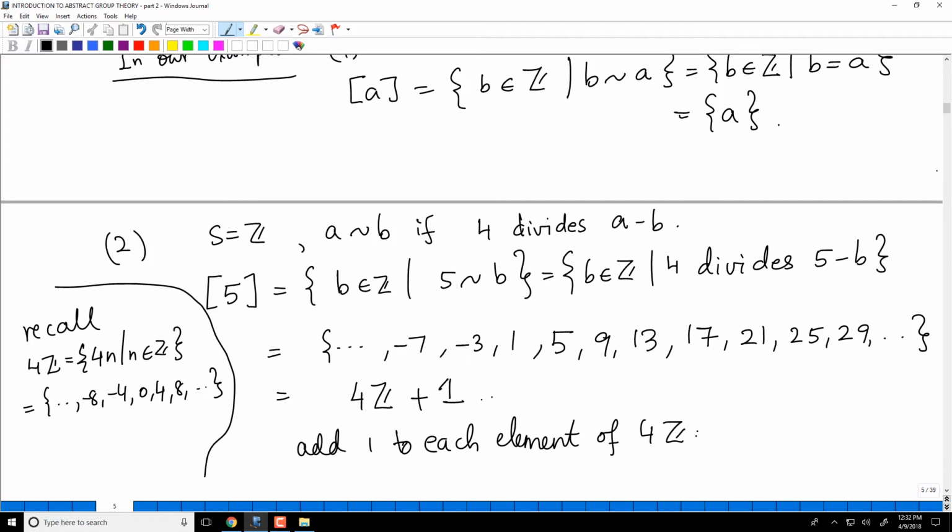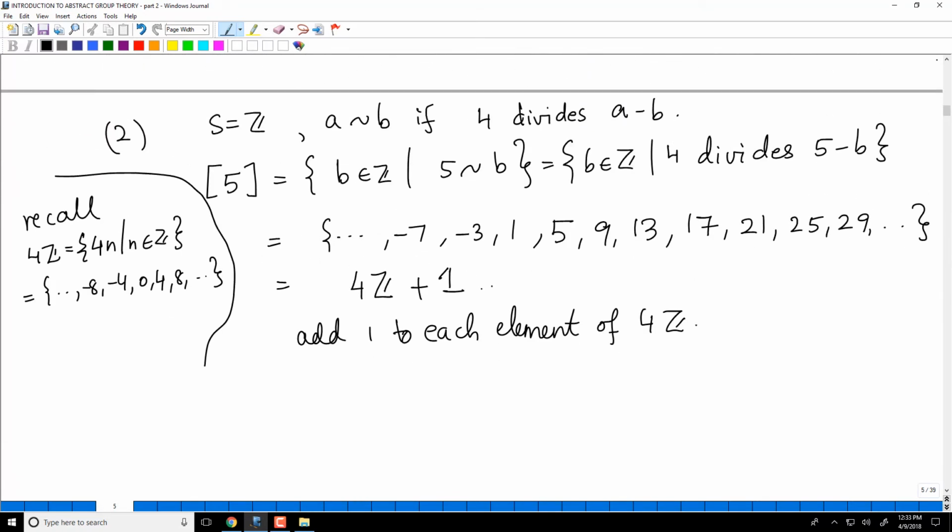So the equivalence class of 5 is just 4Z plus 1. We will come back to this and discuss it in more detail. But the thing to keep in mind now is that the equivalence class of 5 is 4Z plus 1.